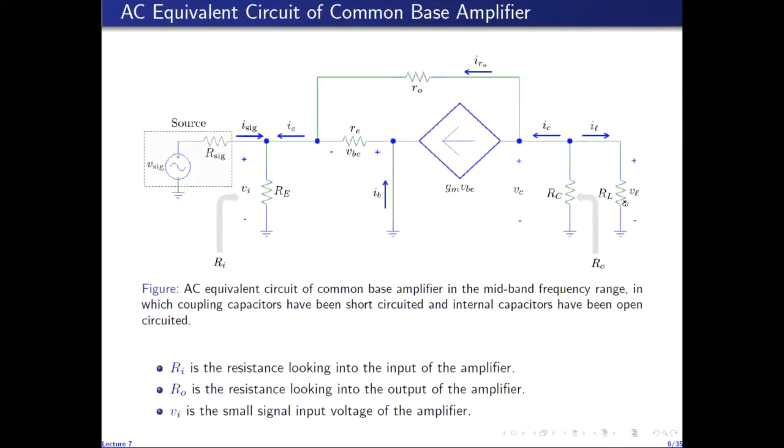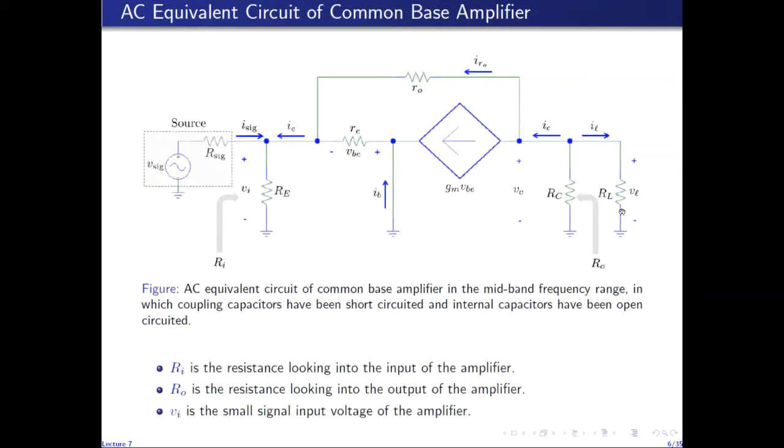So we note that the only difference between this circuit and the circuit I just showed you for the computation of open circuit voltage gain is the presence of this RL. So in the circuit we just used to find out the open circuit voltage gain, RL was infinity. Here RL is finite.